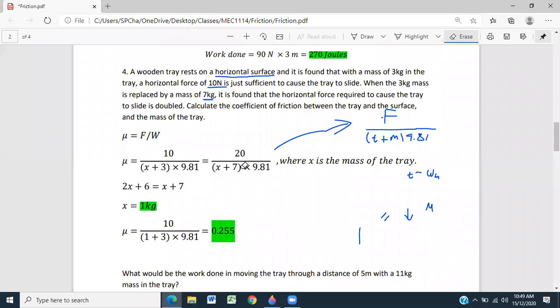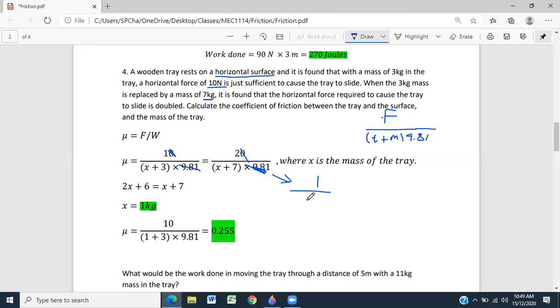Now, solving this for x, let me break down how I solve that. First, what I did, divide by 10 both sides, multiply by 9.81 both sides, flip, carry over.